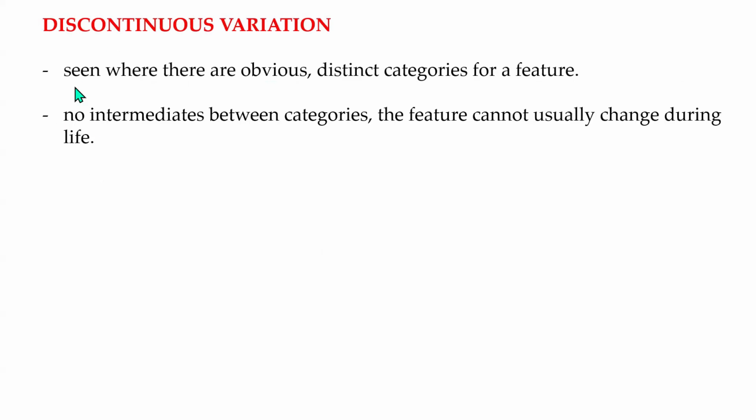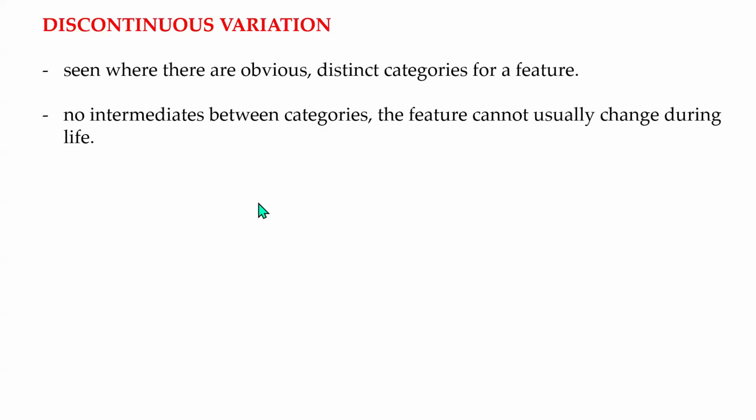In discontinuous variation, there is no intermediate between categories, so the features cannot usually change during life.